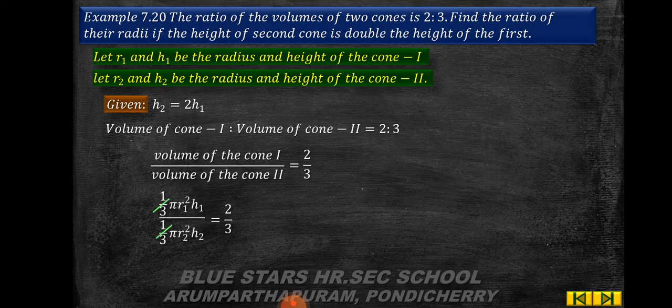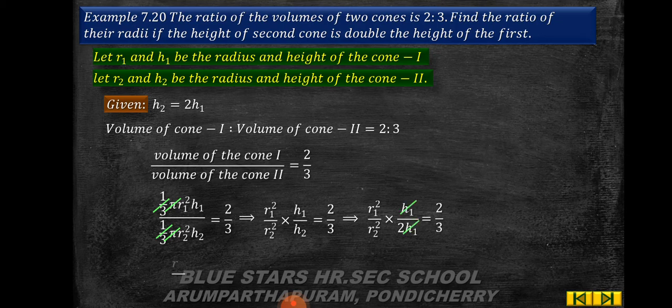So 1/3 pi gets cancelled, which implies r1 square by r2 square into h1 by h2 is equal to 2/3, which implies r1 square by r2 square into h1 by, here given h2 is equal to 2 times of h1. So 2h1 is equal to 2/3.